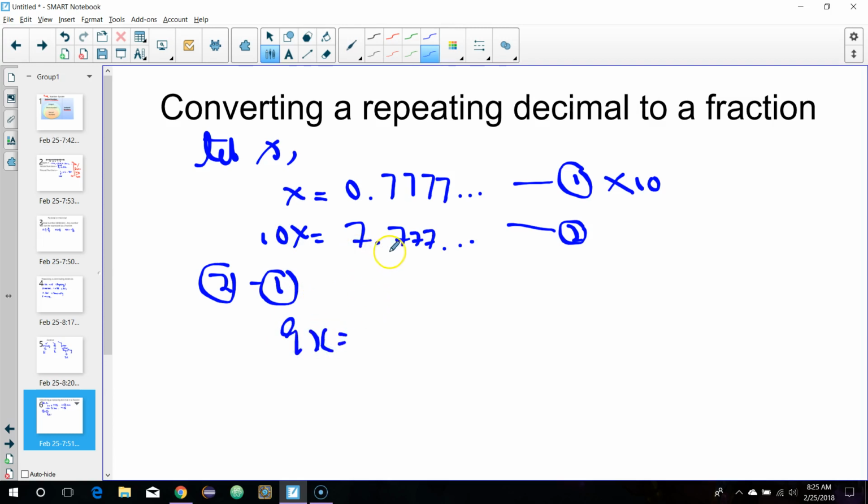This bit, 7.777 minus 0.777, you can see that all the decimals will cancel out. You get yourself a lovely 7, and therefore x is going to be equal to 7 over 9. And that actually proves to you why a repeating decimal is a rational number, because I have a process to get it to a fraction.